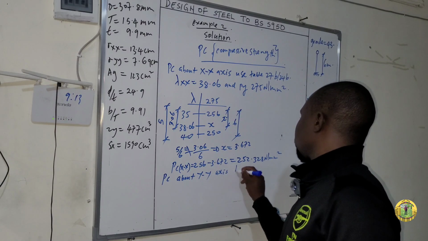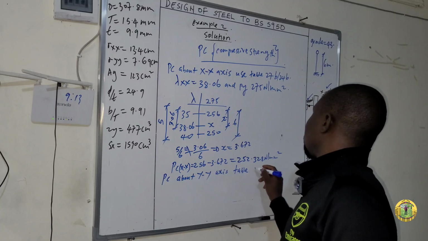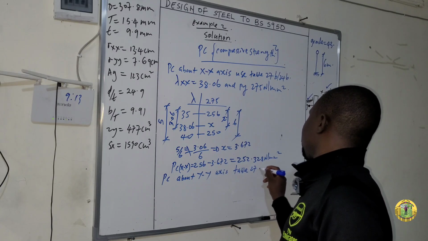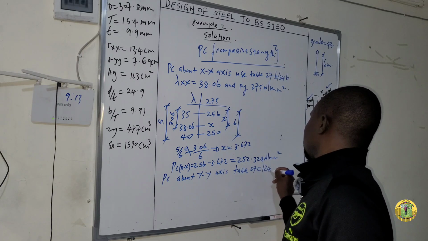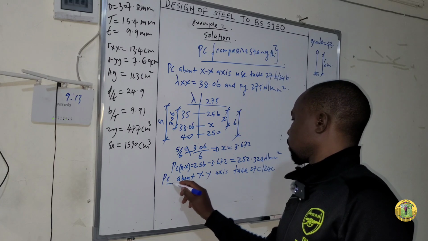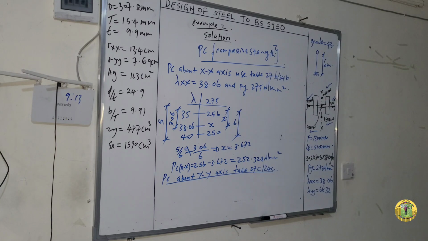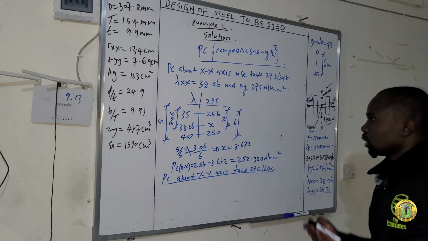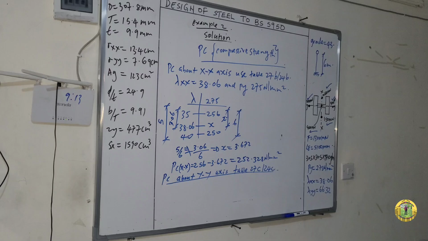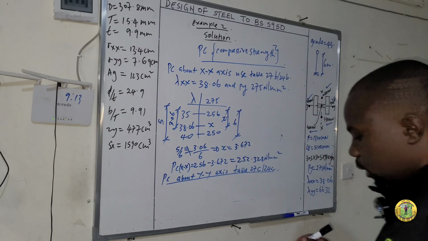For this, we'll use table 27C or 24C. The procedure is the same. The procedure is the same. So for this case, I won't show you how to do it because you already know how to read these values from the table. So let me just do the interpolation here.